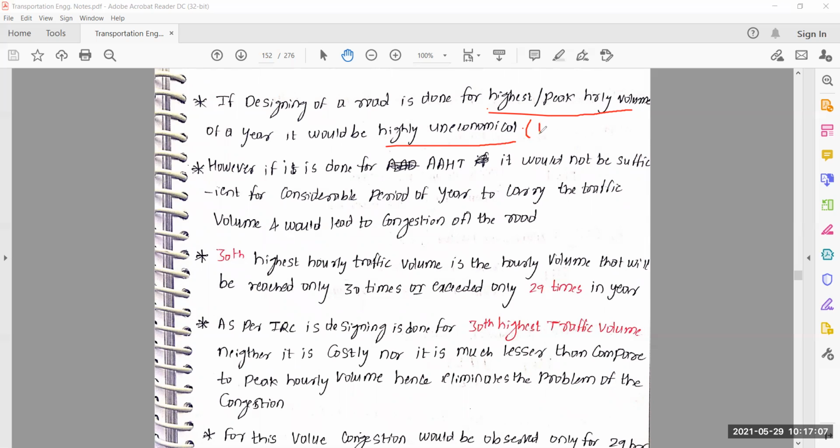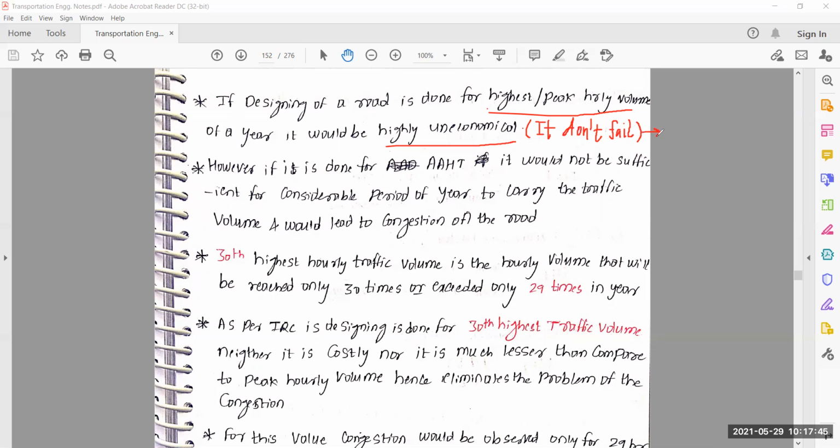That means it do not fill. That means it do not fill. It do not fill. It do not fill. It do not fill. Okay, that means congestion do not occur.